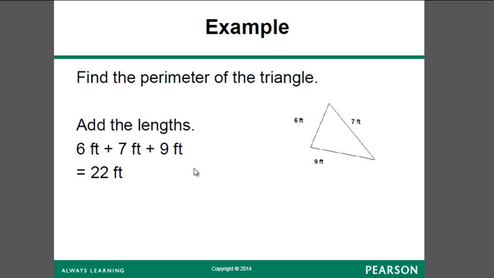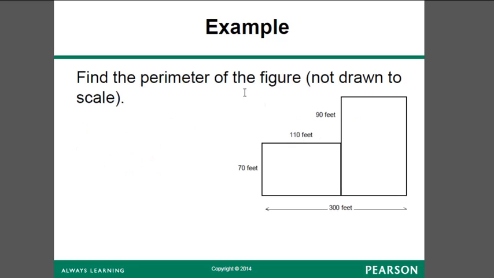Let's look at another example. Find the perimeter of the figure shown. Now then, remember, the perimeter is the outside part. That does not include this part right here. Also notice I don't know the length of this side or the length of this side. I actually have to first find those lengths.